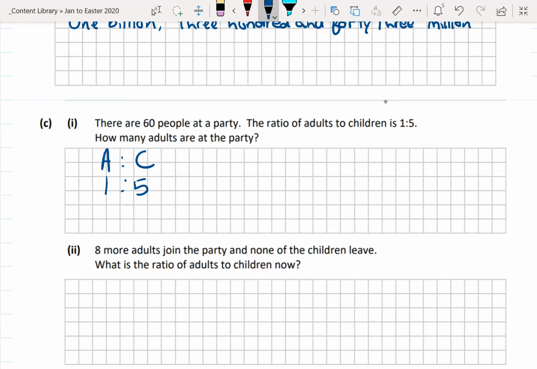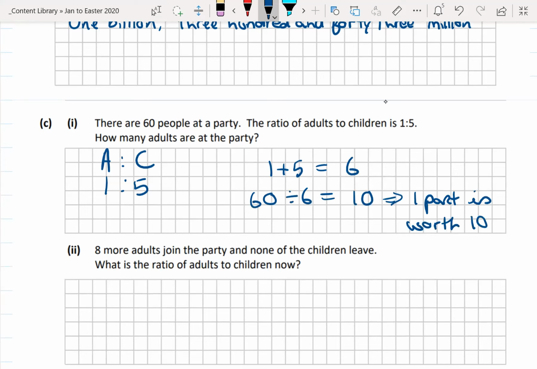Remember, go back in your copies and check out the steps. I gave you step by step how to do these. Add the ratios together. That's the first step. You get 6. Then take that number and divide it into the total number of people there, which gives us 10. So that means that one part of this ratio is worth 10.